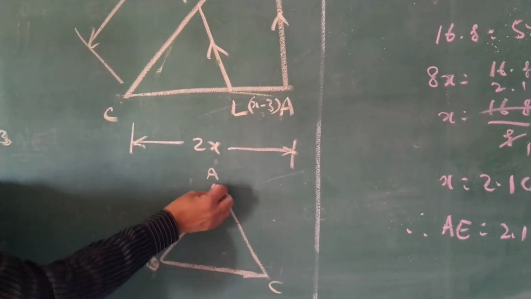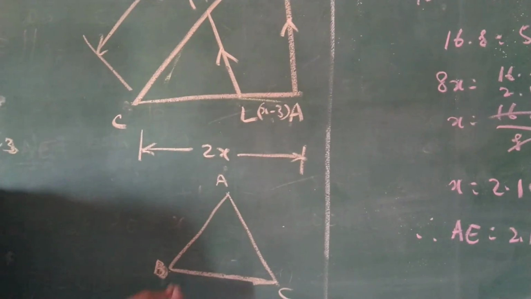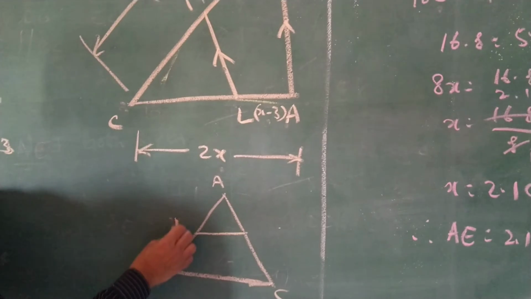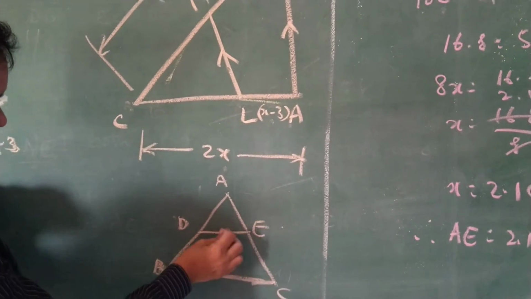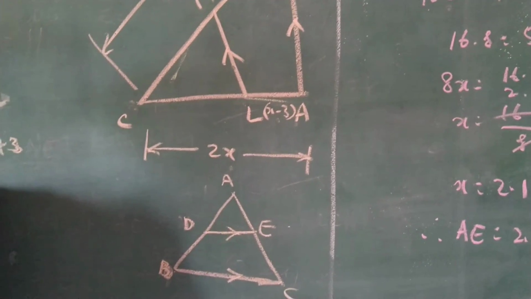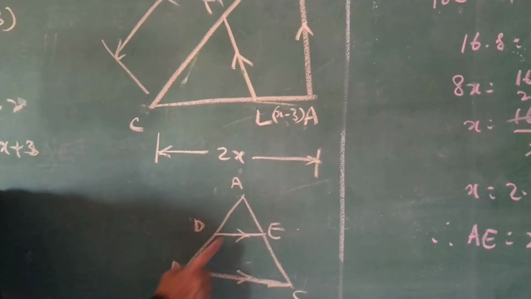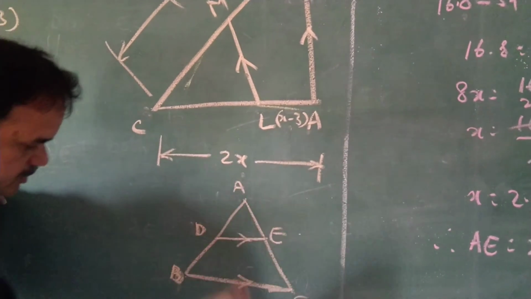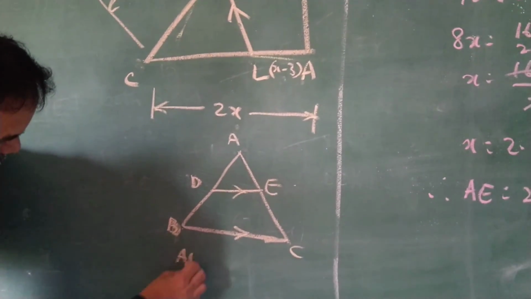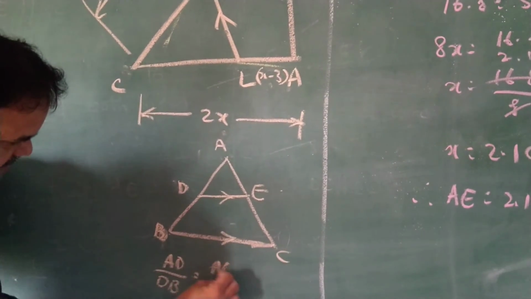In triangle ABC, DE is parallel to BC. From the basic proportionality theorem, AD by DB is equal to AE by EC.